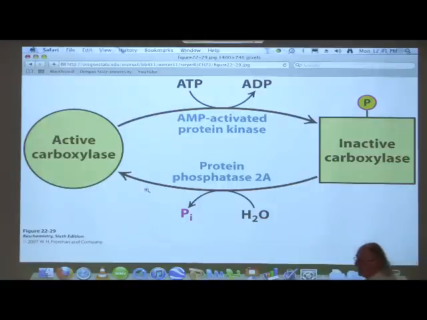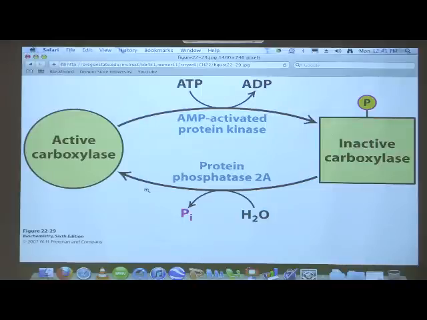There's another one. The enzyme is also allosterically regulated. Okay? First of all, it is feedback inhibited. What do you suppose would be a feedback inhibitor? What's that? A fatty acid.